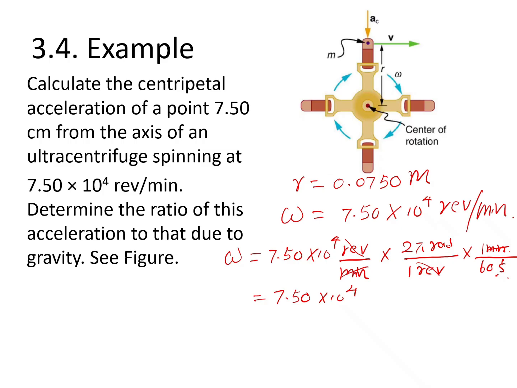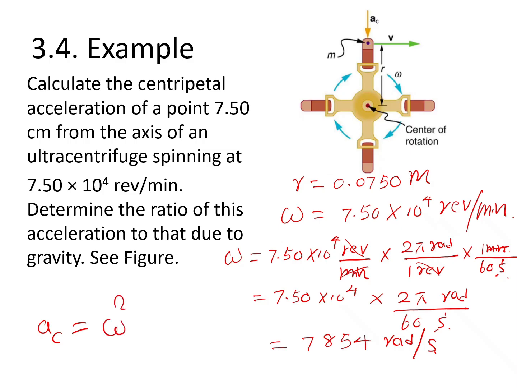So we get 7.5 times 10 to the power 4 times 2 pi radians divided by 60 seconds, which is equal to 7,854 radians per second.